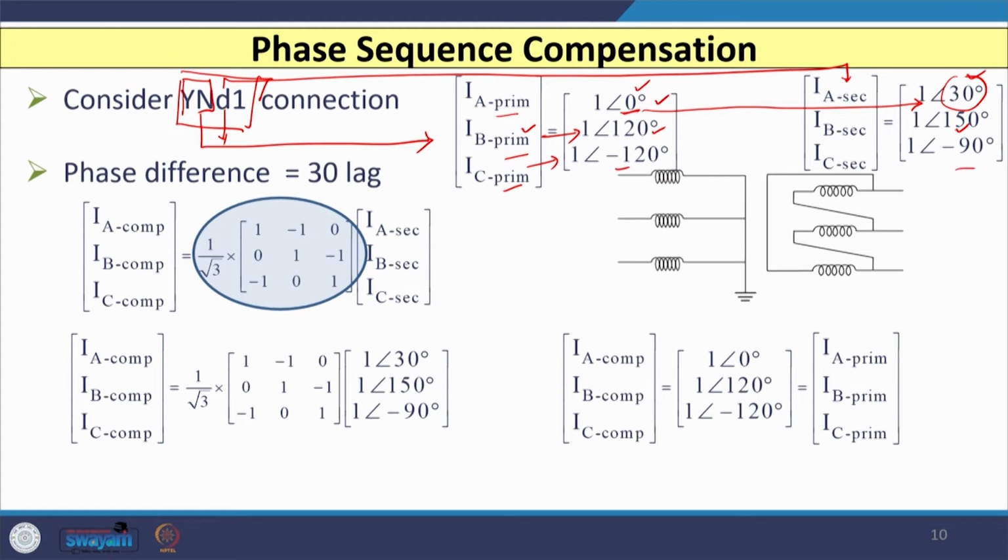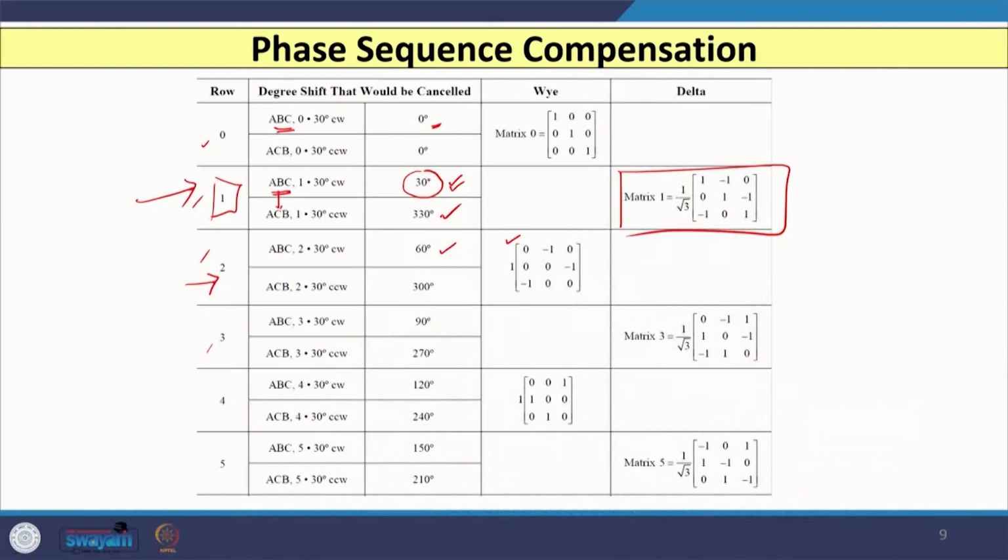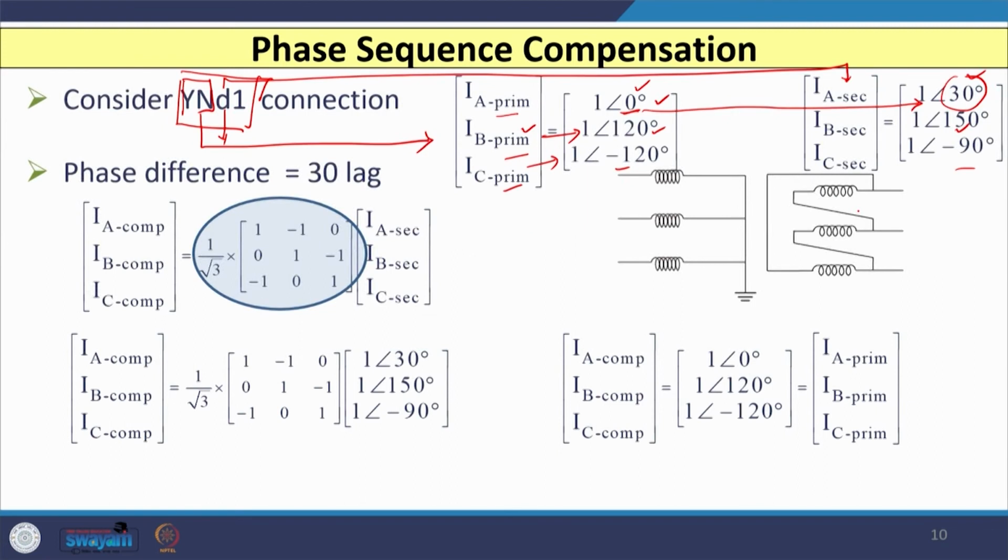Now, as I told you, we want to compensate or cancel this 30° phase shift. As I have explained earlier, if I want to cancel or compensate the 30° phase shift, I have to multiply my delta side currents with this matrix, that is 1 by root 3, [1 -1 0; 0 1 -1; -1 0 1]. So, these currents, which are my secondary side currents, that is 1 angle 30, 1 angle 150 and 1 angle minus 90, I need to multiply with the matrix, that is 1 by root 3 into that matrix.